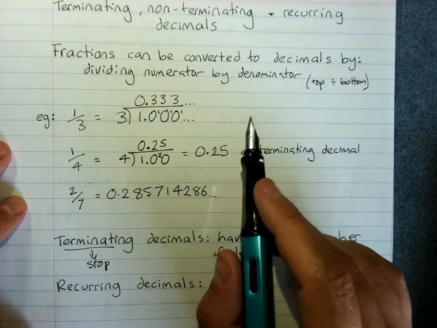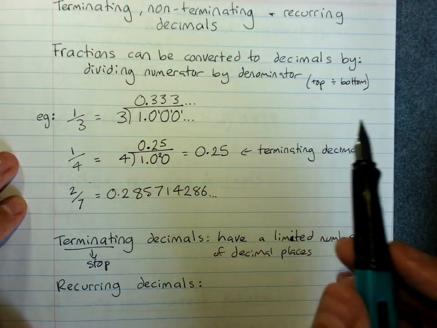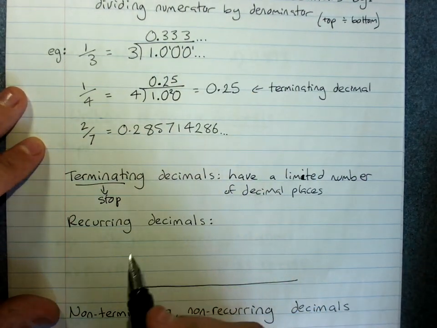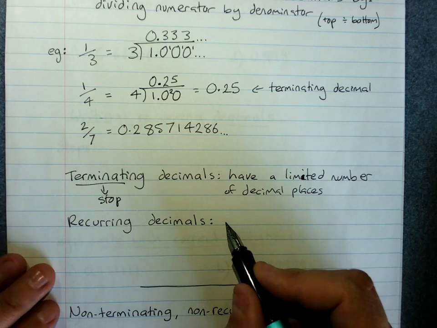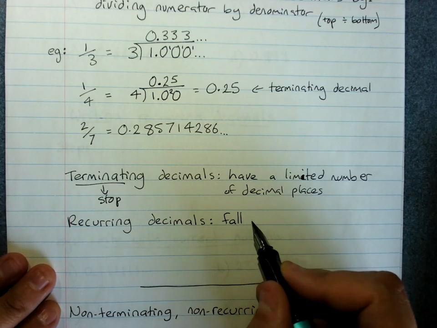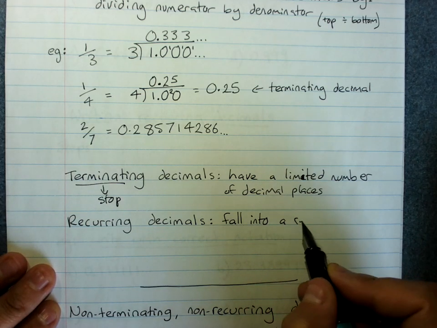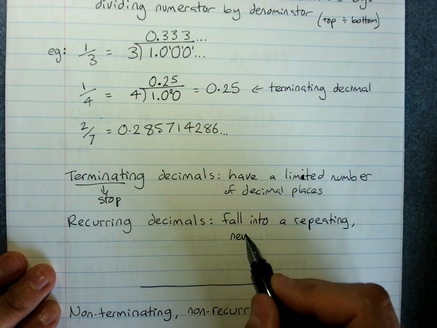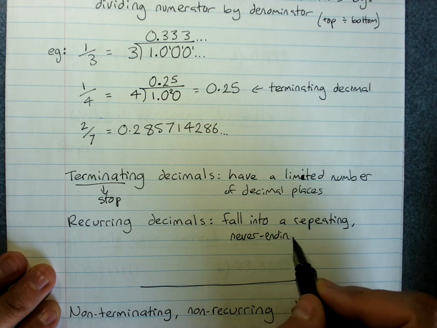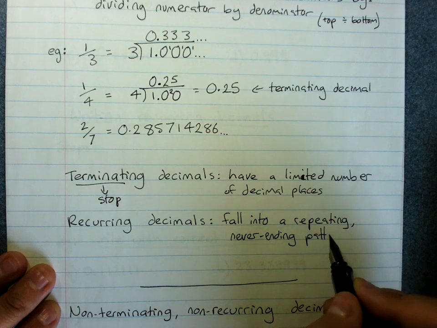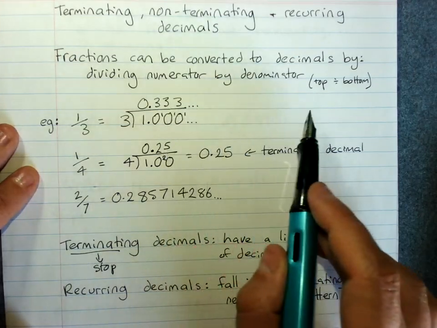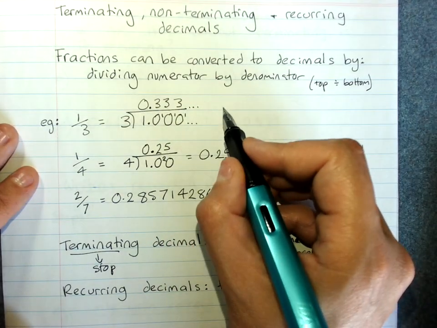And our non-terminating decimals can fall into 2 parts. These two are both what we call recurring decimals. They fall into a repeating pattern. It's never ending. So this will just keep on being 3s all the way down. This is a recurring decimal.